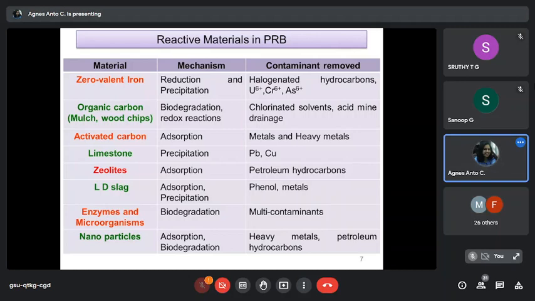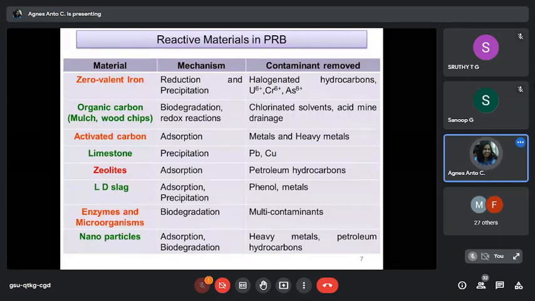Next is activated carbon. Activated carbon, in the form of biochar, bone char, or whatever, consists of porous structures which have good cation exchange capacity, good specific surface area, and good adsorption capacity.